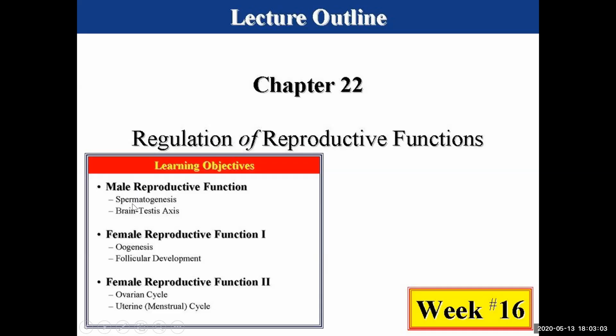Sperm production, once the male gets to puberty, he starts to produce sperm for the rest of his life until he takes his last breath.